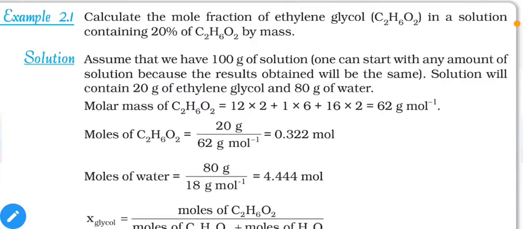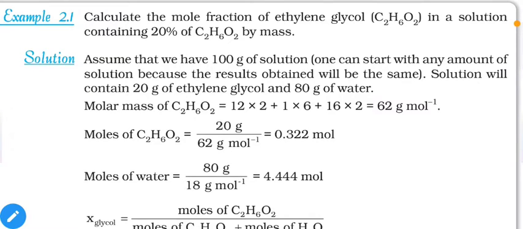Now let's discuss this numerical. Calculate the mole fraction of ethylene glycol, C2H6O2, in a solution containing 20% of C2H6O2 by mass. First, for the mole fraction we need the number of moles of each component present in the mixture, and to find the number of moles we need mass and molar mass.